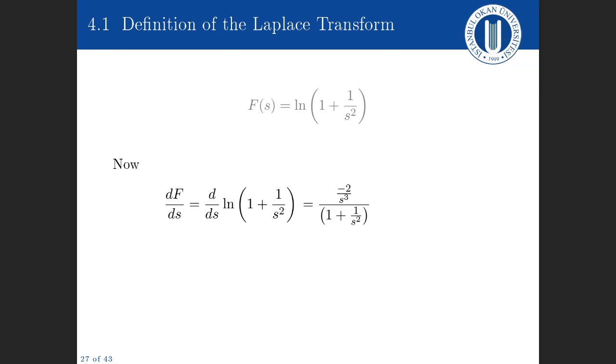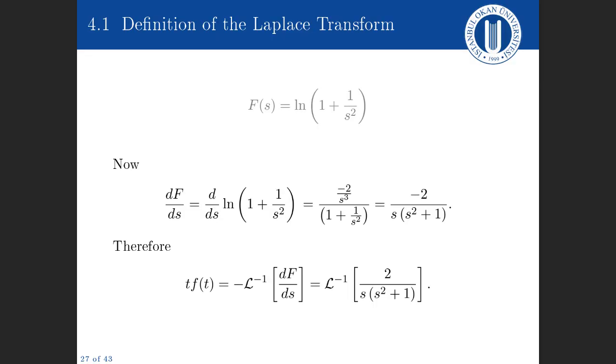Let's multiply by s cubed to simplify this a little bit. That's the same as minus 2 over s squared plus 1. So t multiplied by f of t, that's t multiplied by the answer that we want, is going to be the inverse Laplace transform of 2 over s squared plus 1.